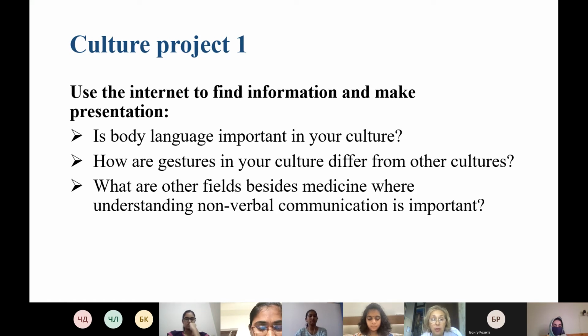Organize it to make a story or report, and make a presentation in PowerPoint to tell us about this body language culture. Okay. So the first project.